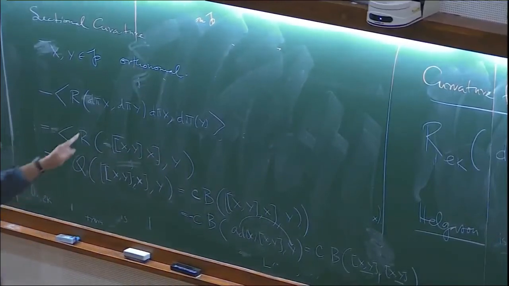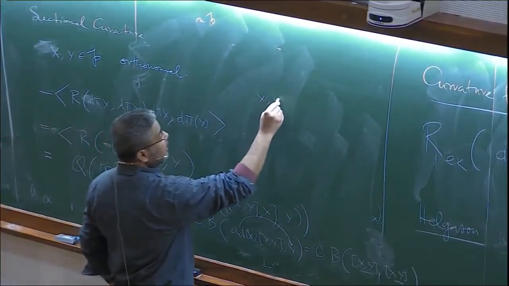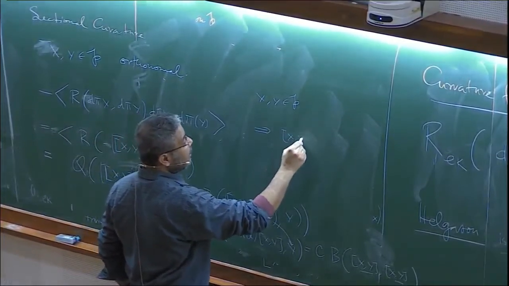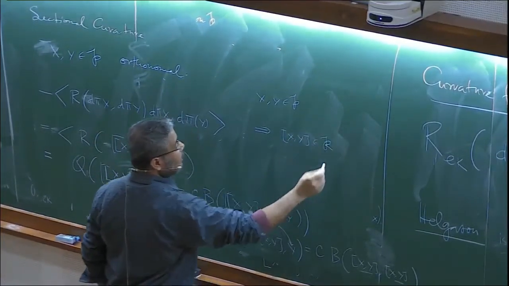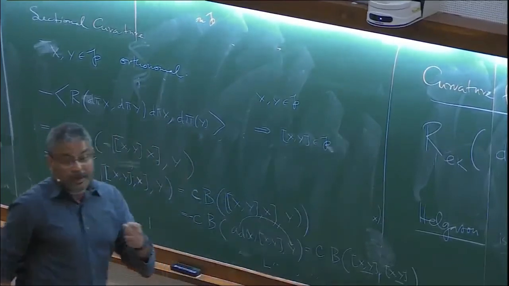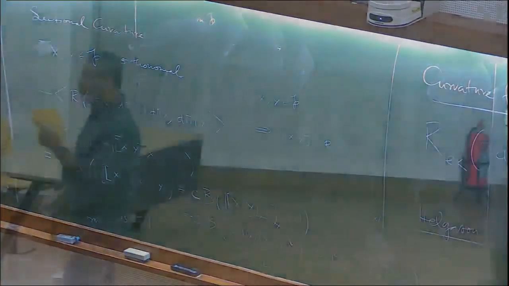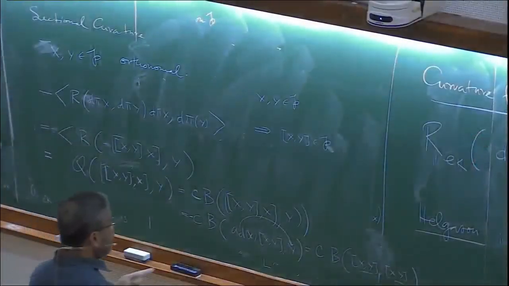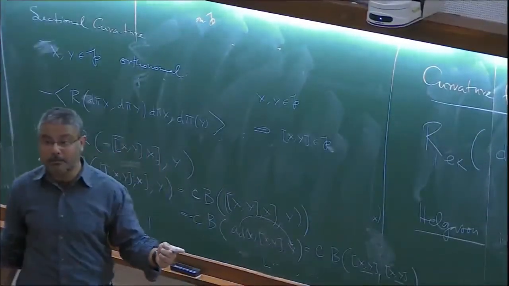Now, my X, Y is in P. So this implies [X,Y] is in K. But if you restrict the Killing form on K, you get a negative definite inner product.